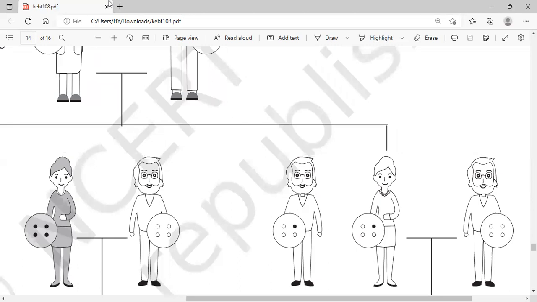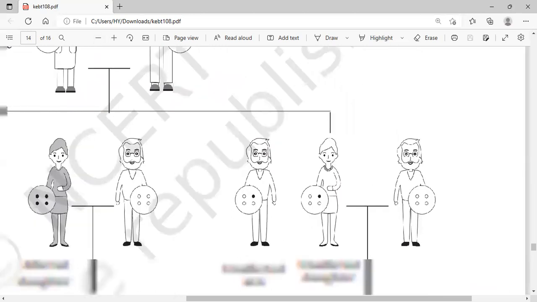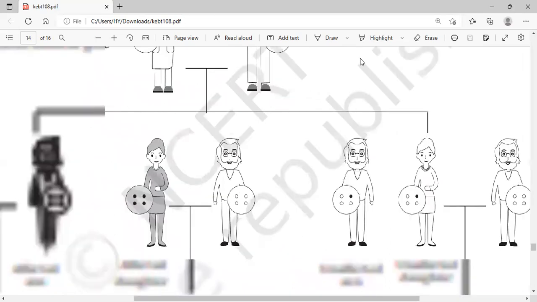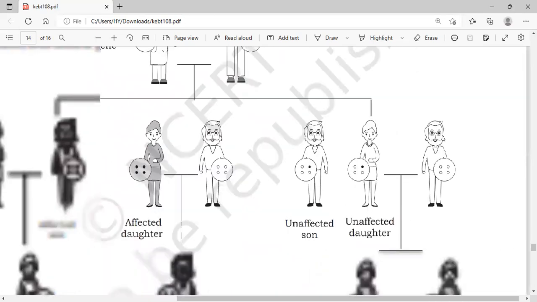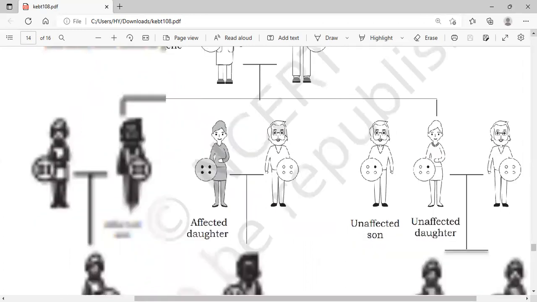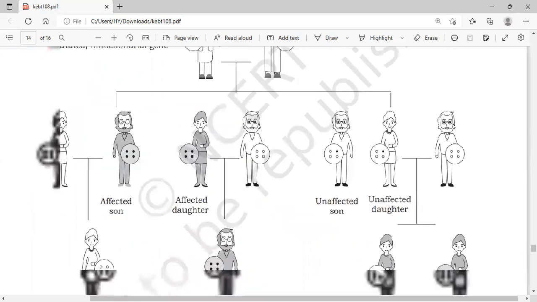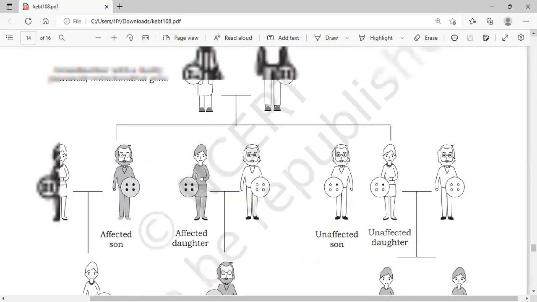So same way in which the Mendelian inheritance occurs, mitochondrial inheritance is also there, which can pass in the family. So this diagram is explaining the type of mitochondrial disease and their inheritance.